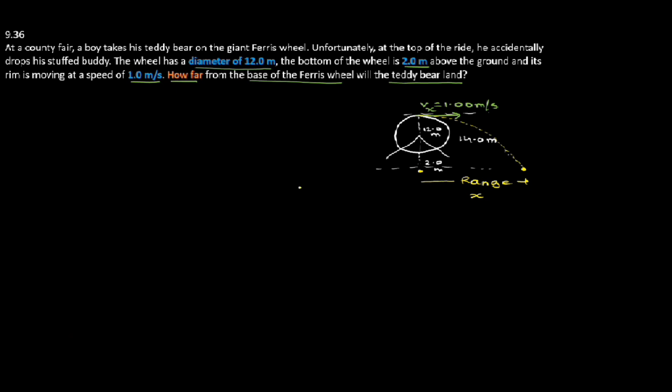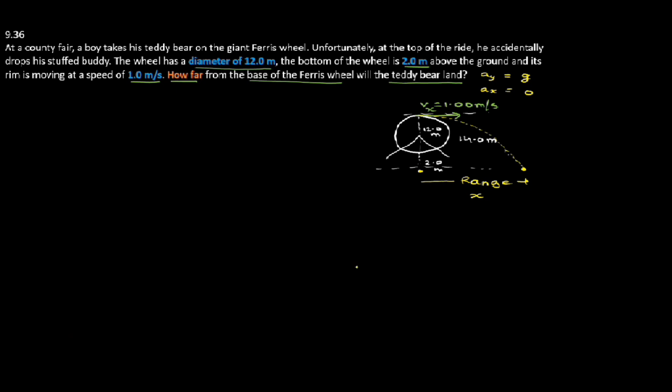In projectile motion, the object is accelerating only along the y-axis. So we have acceleration along the y-axis, which we can write as ay, equal to acceleration due to gravity g. But along the x-axis, there is no acceleration. So we can write ax as 0.